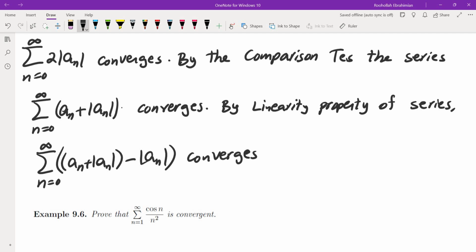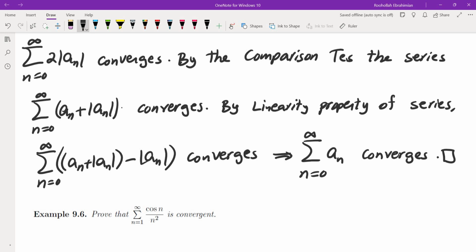One of them is a_n plus the absolute value of a_n, the other one is the absolute value of a_n, which means the sum of a_n also converges. And that's exactly what we wanted to prove. So if the sum of the absolute value of a_n converges, then the sum of a_n also converges.